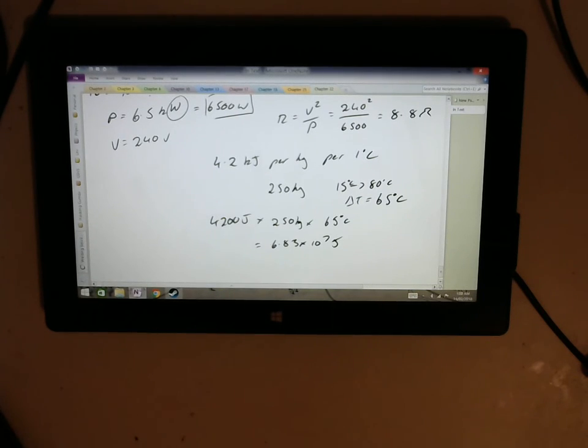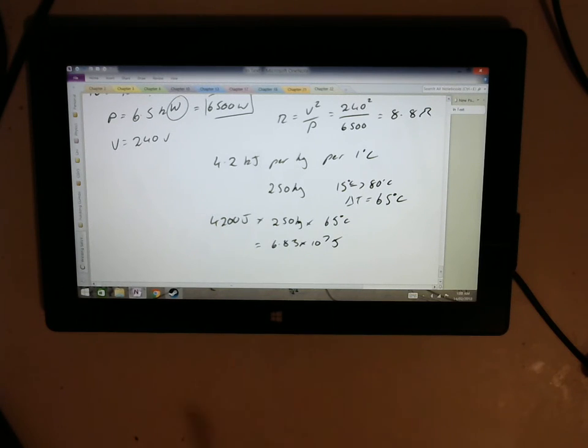Now we're after power. We've been told that this is a 6.5 kilowatt system, so it's providing 6.5 kilowatts per second. What we want to know is, well, how many hours would this actually take then? Because we're after how many kilowatt hours.